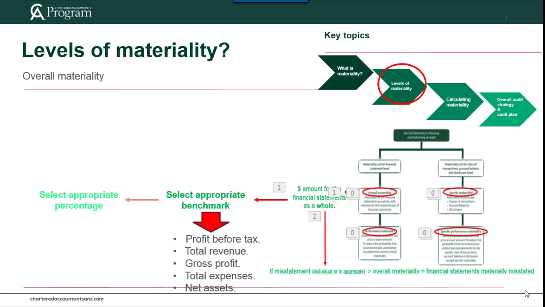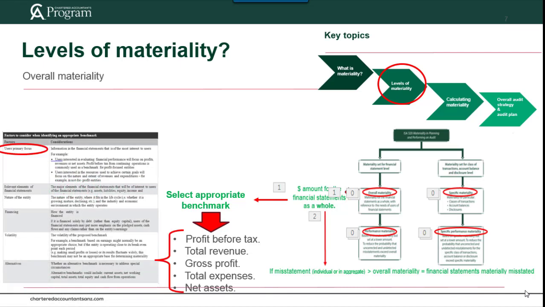And when identifying an appropriate benchmark to use, an auditor would determine who are the likely users of the financial statements and consider matters such as the major elements of the financial statements that will be of interest to the users, the nature of the entity and the industry it operates in, how the entity is financed, the volatility of the proposed benchmark, or whether an alternative benchmark is necessary to address special circumstances.